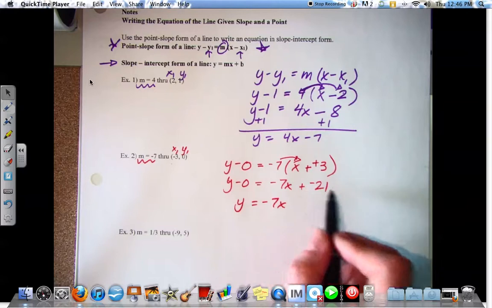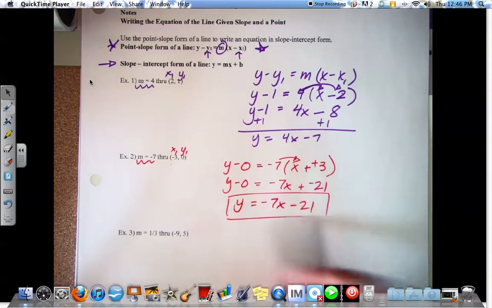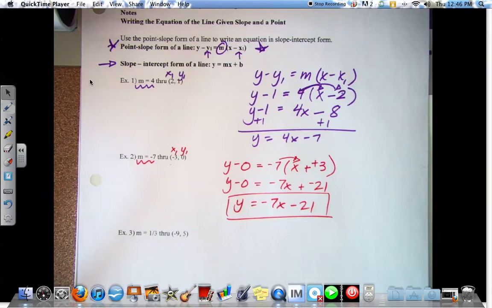You can write plus negative 21, or you can write minus 21, whatever you want. It's fine. How can you just drop the 0? Because the positive times negative gives you negative, so.